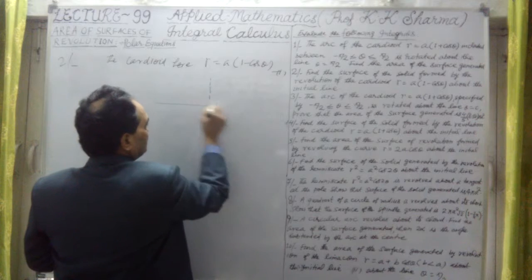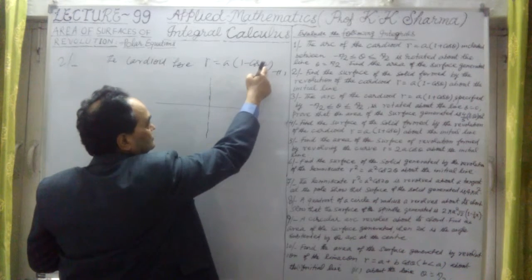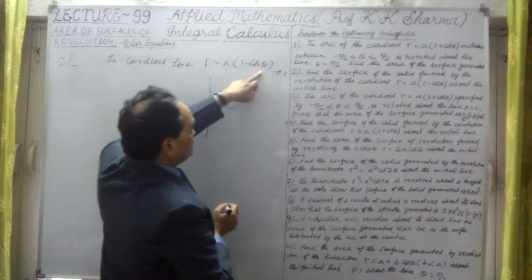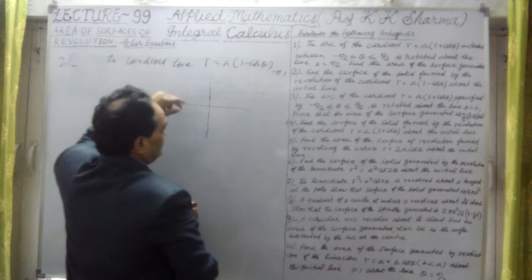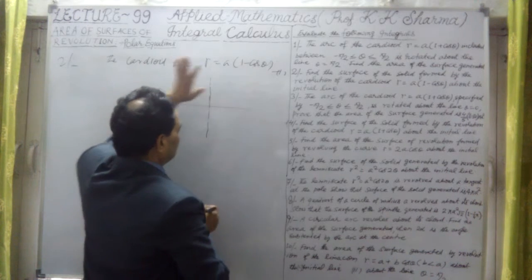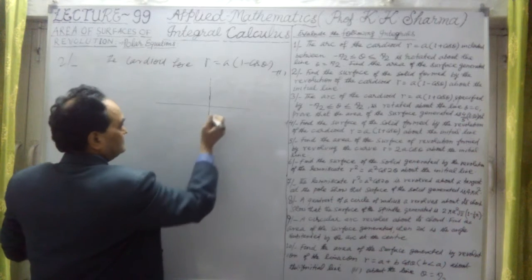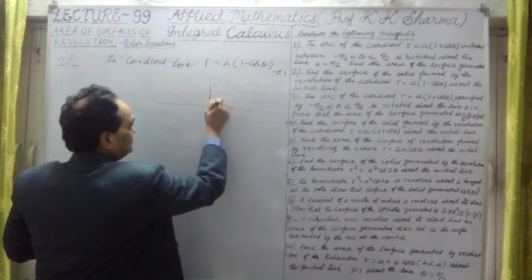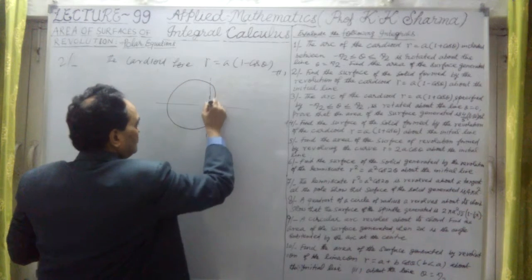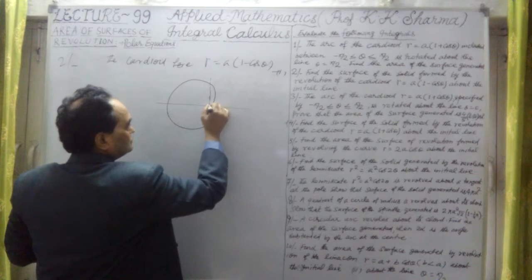Now here the curve will be of what kind? If I put here theta 0, at 0 it is 0, because cos 0 is 1, 1 minus 1 is 0, and at pi it is minus 1, so minus 1 plus 2, 2, that is the point. It means in this case at 0 it is 0. This kind of curve will be obtained. Now it is at theta equal to 0.